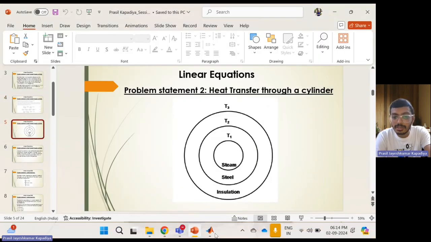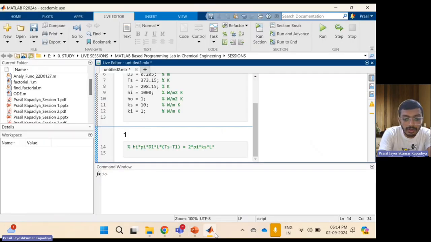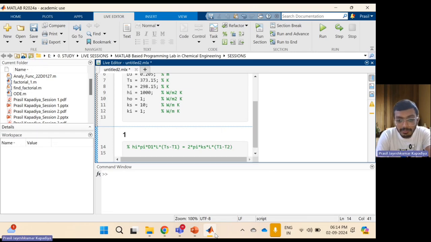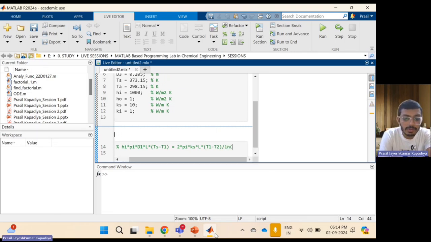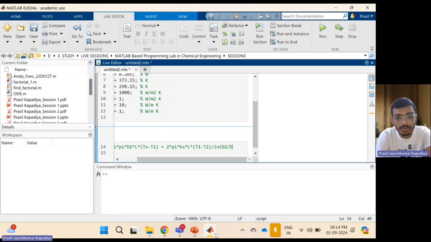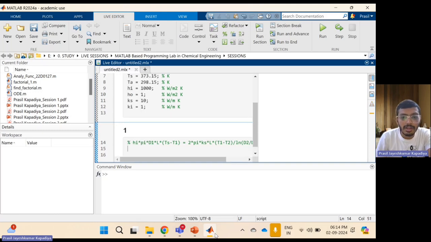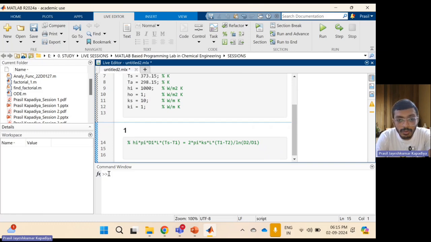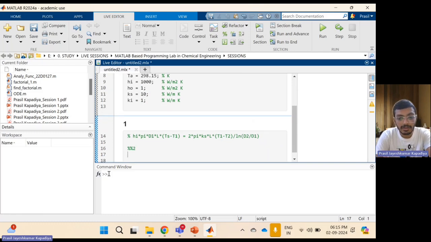Now T1 to T2 is conduction. So T1 minus T2 divided by ln of R2 by R1. So here we are writing in terms of D2. So D2 by D1, it won't affect. So let's do one thing. Let's write first all equations, then let's understand what's happening.